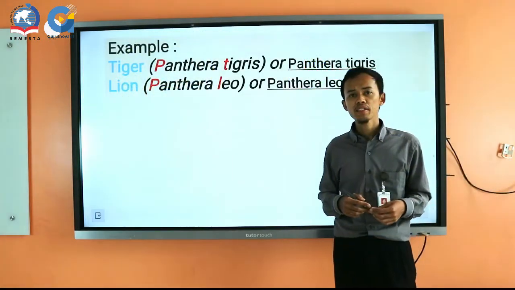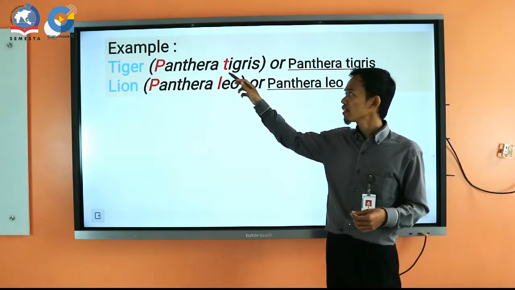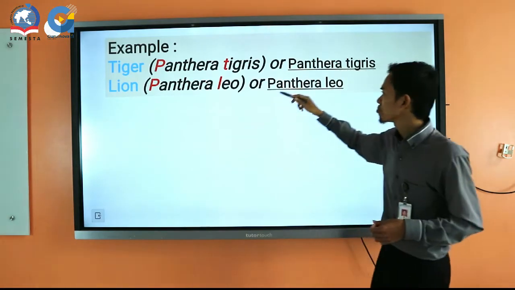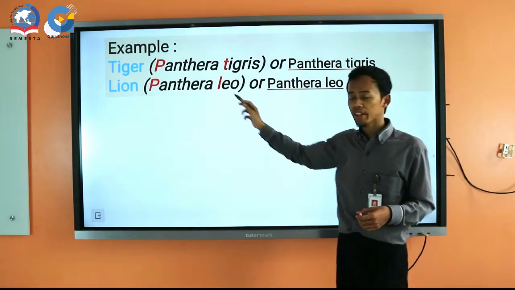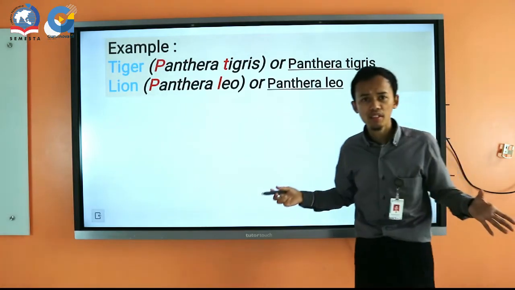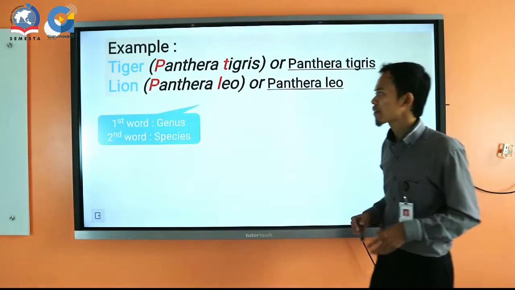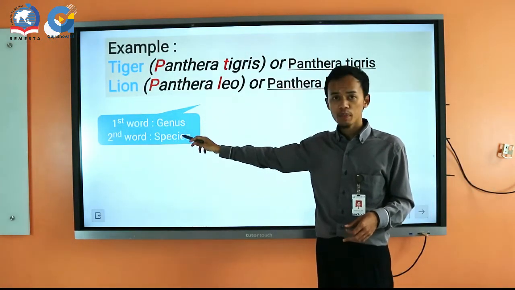Okay, everybody, still focus on your monitor, and you can see the symbol of the species name. You can see the tiger and lion have different names, but similar. So, what are the rules? How to write a species name? First, the first word is the genus, and the second word is the species.